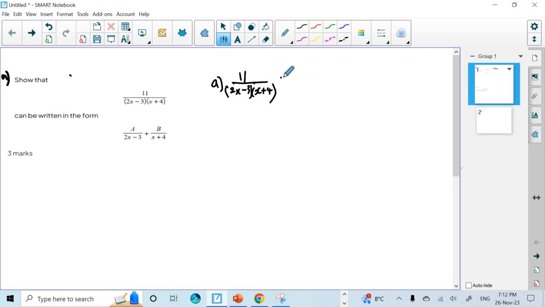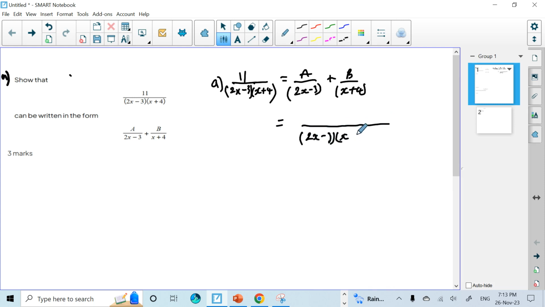And that will give us, of course, a over 2x minus 3 plus b over x plus 4. And we have that as a common denominator, of course, (2x minus 3)(x plus 4).